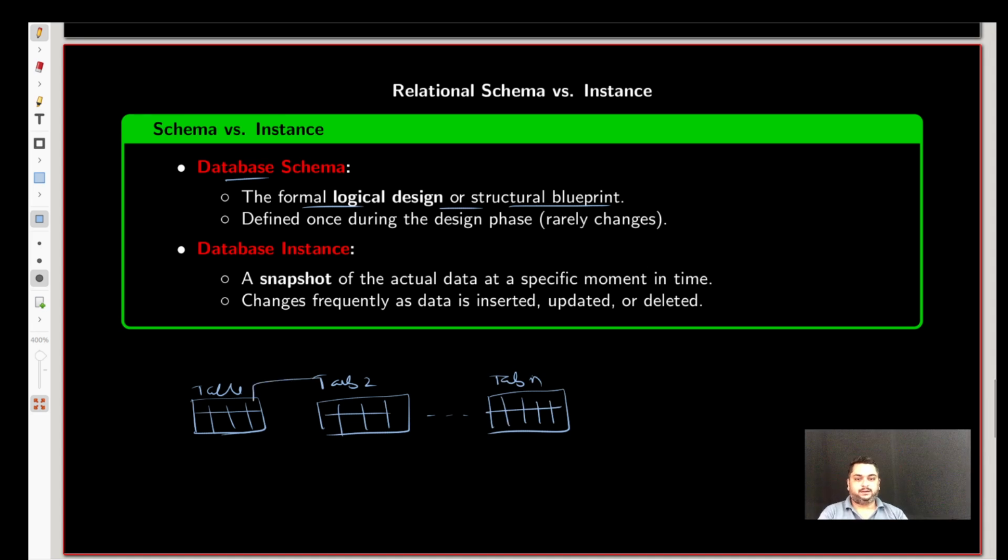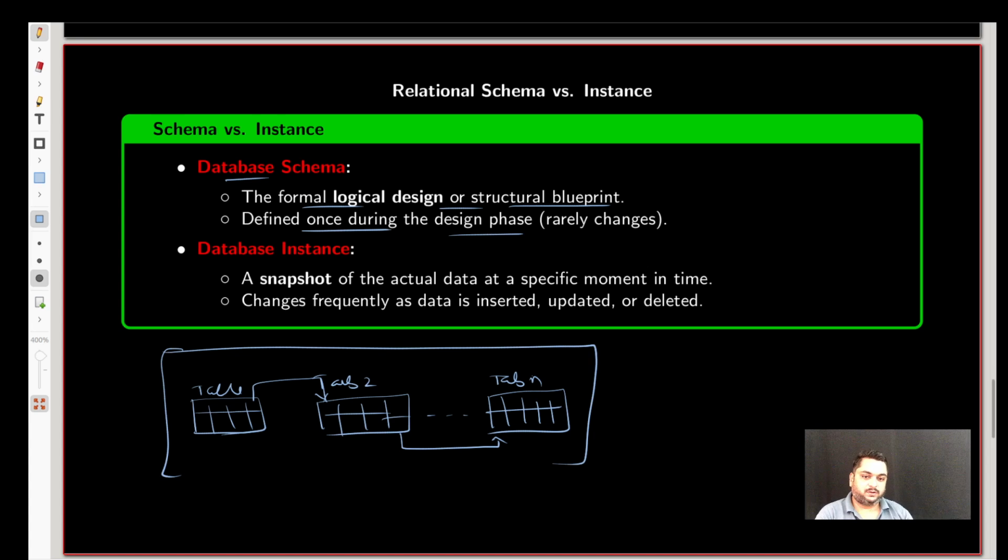They are logically structured and interrelated, and related to one another. They are defined once during the design phase. So this entire database design we call the schema for your application.